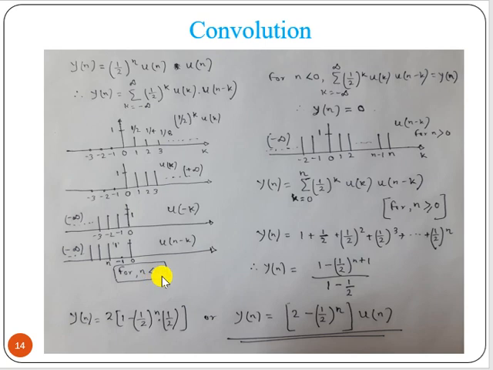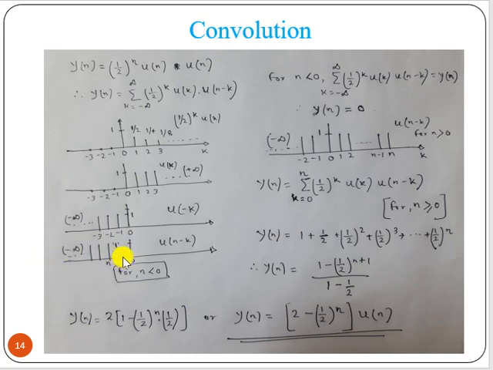Now for n less than 0, what happens? If we perform u[n minus k] when n is less than 0, that means k is a negative number, so it goes to the left-hand side. It can start from n, say n equals minus 10, minus 12, minus 15, or from minus 1 also, and it will go up to minus infinity.